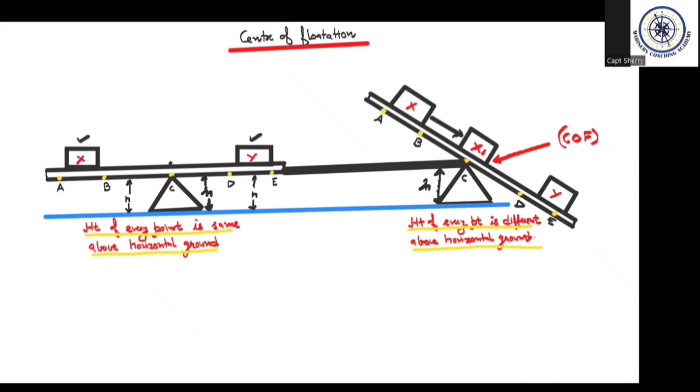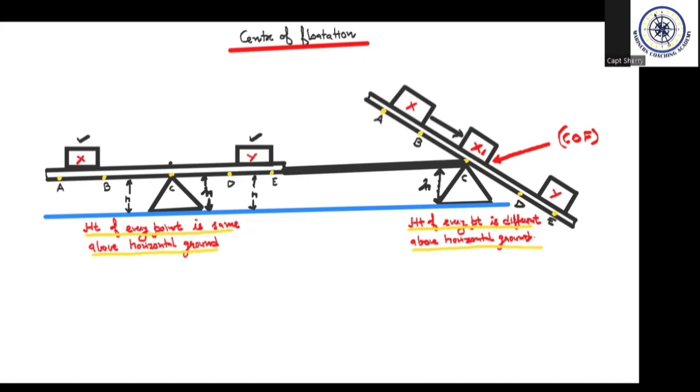We'll prove it to you once we go to the further figures. But just to build your base, remember that the center of flotation has absolutely no effect when a ship is listing, inclined on one side, or trimming.